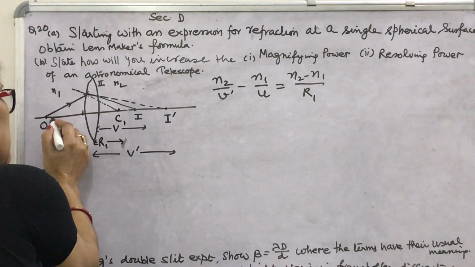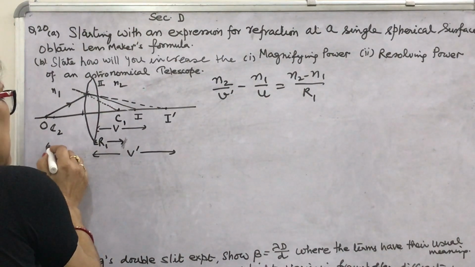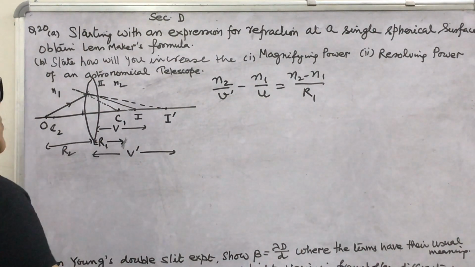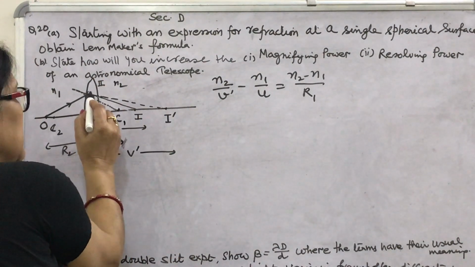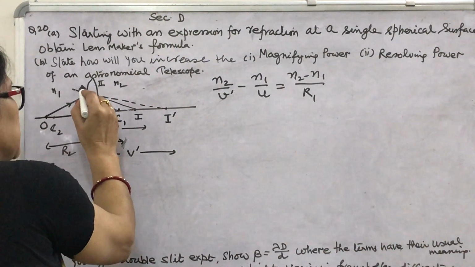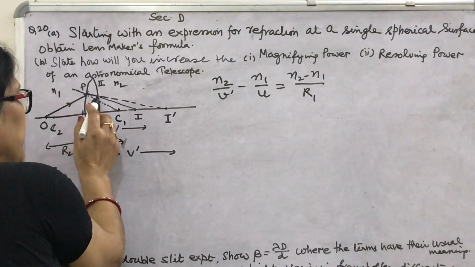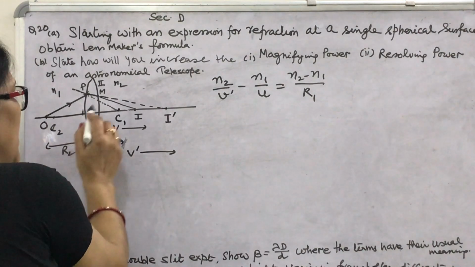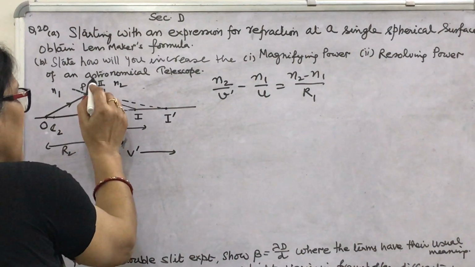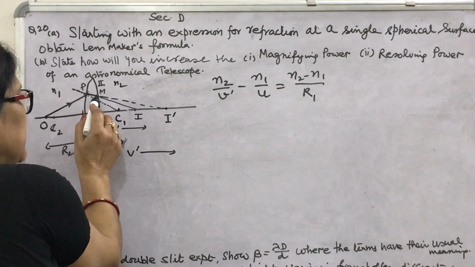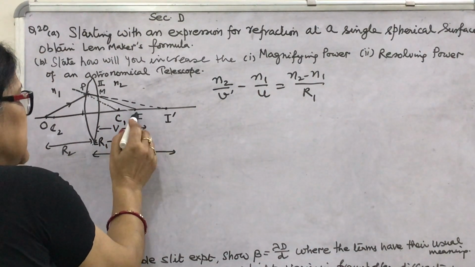Suppose at this point this is C2 and this radius of curvature is R2. The ray from O to point P is incident on the first surface and refracted from P to M, forming the image at I dash. This ray, on putting the second surface, is incident at this surface and converges to form the final image of I dash at I.